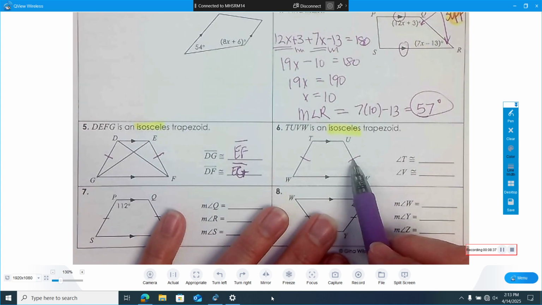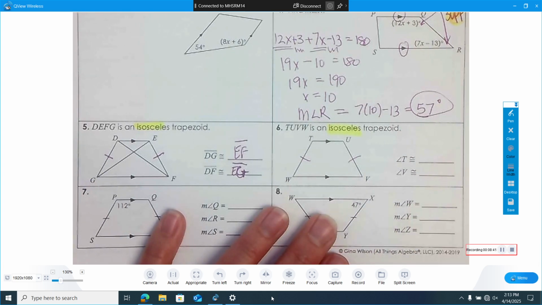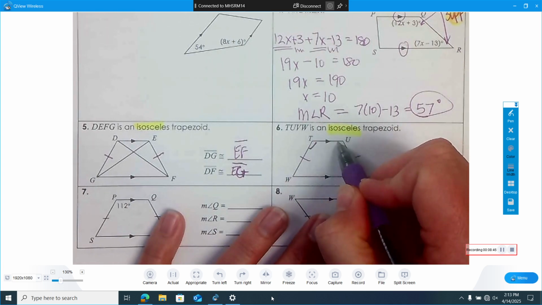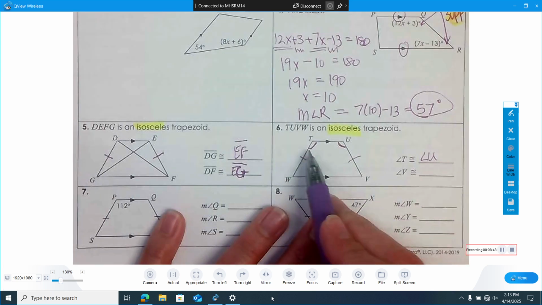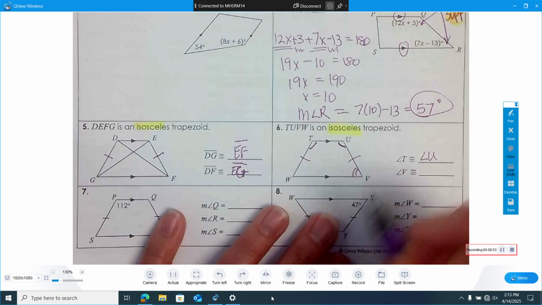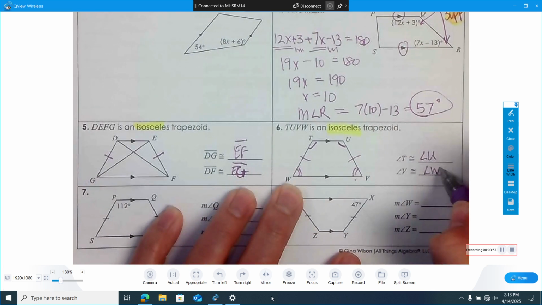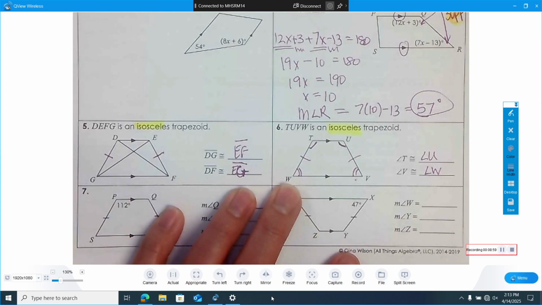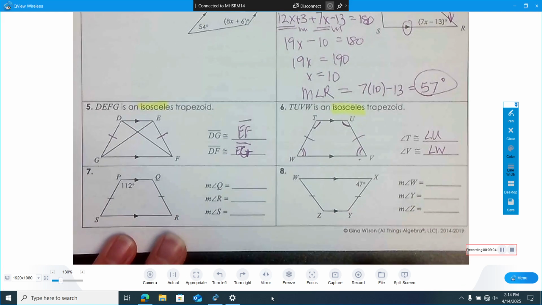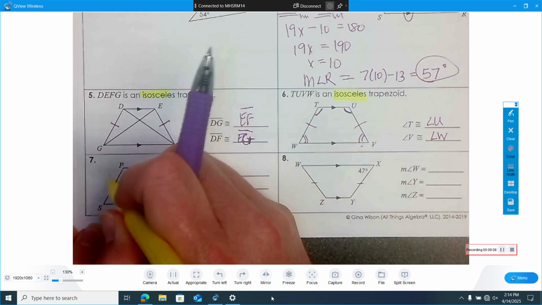Also in an isosceles trapezoid, angle T is congruent to angle U. The upper base angles are congruent, and angle V is congruent to W. The lower base angles are congruent. Let's look at number 7. What do these markings tell me right here?